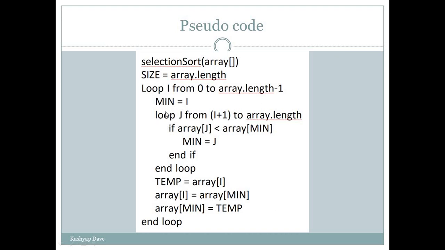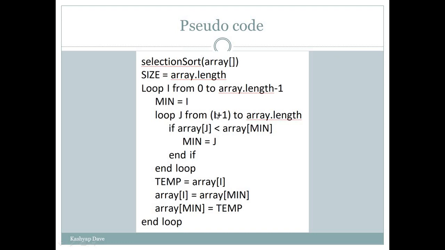in this for loop we put a nested for loop, and it will run with the j variable. It will start from i plus 1 and go up to the array length.